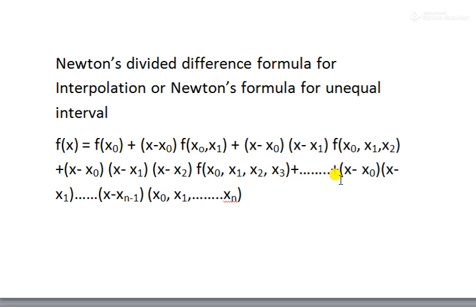Newton's divided difference formula for interpolation, or Newton's formula for unequal interval: f of x equals f of x0 plus x minus x0 into f of x0 comma x1, plus x minus x0 into x minus x1 into f of x0, x1 comma x2.